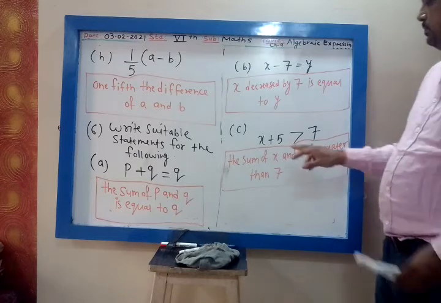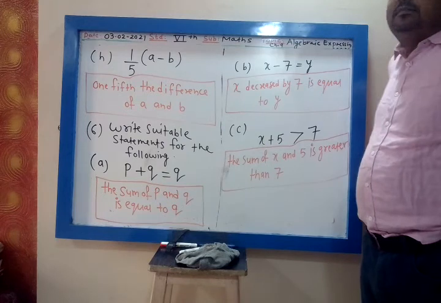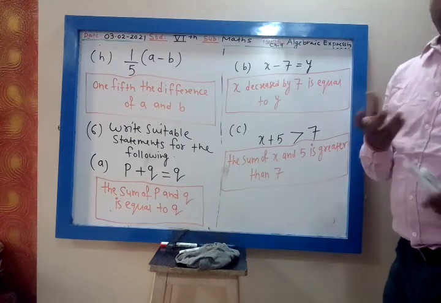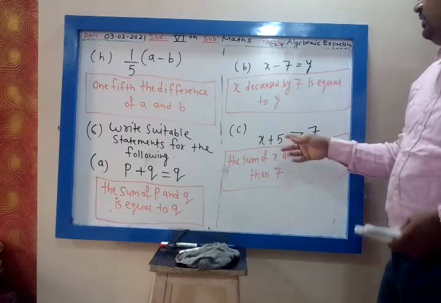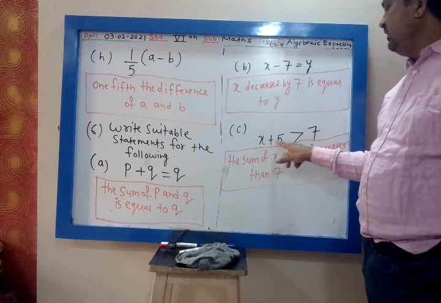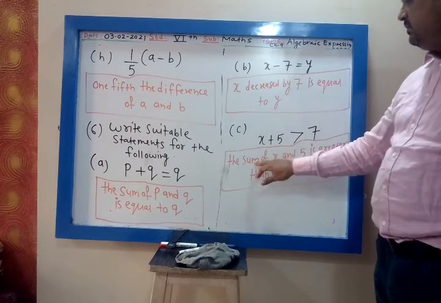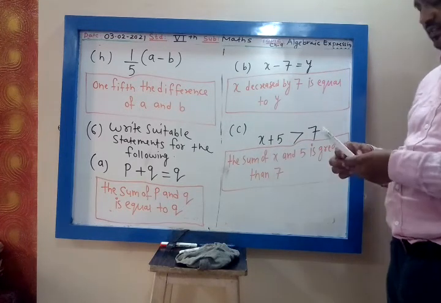So first I have used plus means sum. Then plus is also known as increased. So what will you write? x increased by 5 is greater than 7. Plus means sum, plus means increased.